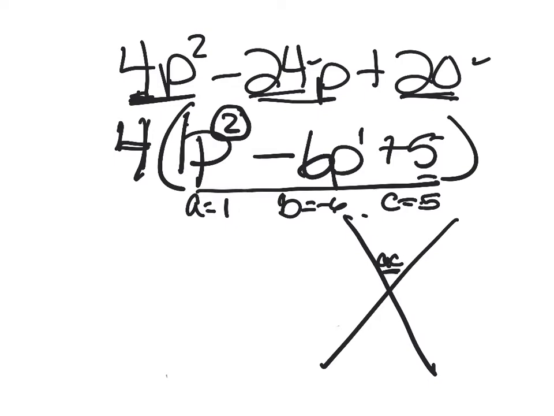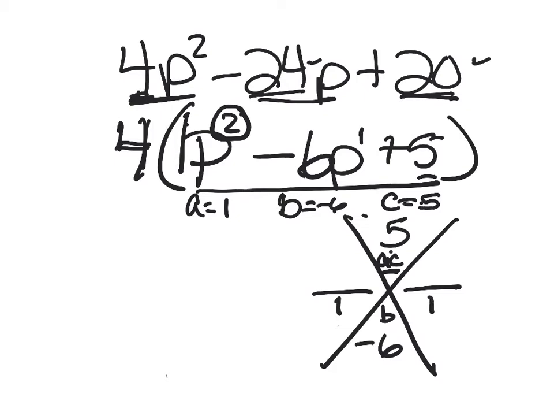So 1 times 5 is 5. And then down in the bottom part of the x, we put the b, the coefficient of the center term. It's negative 6. And then we put our fraction bars and we divide by a, which is 1.